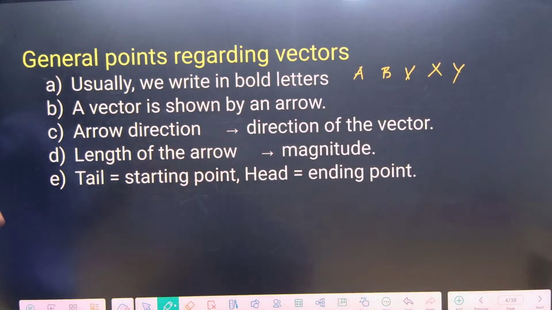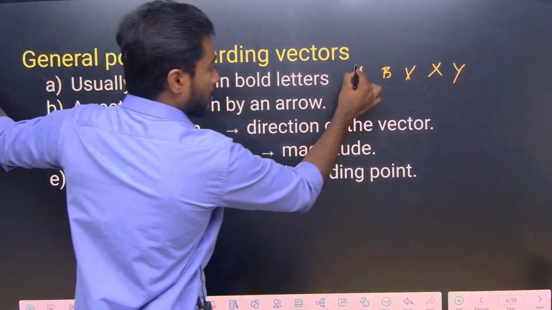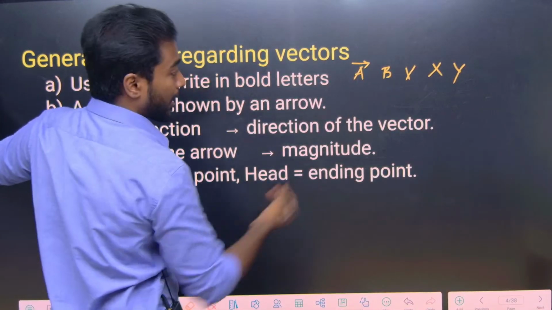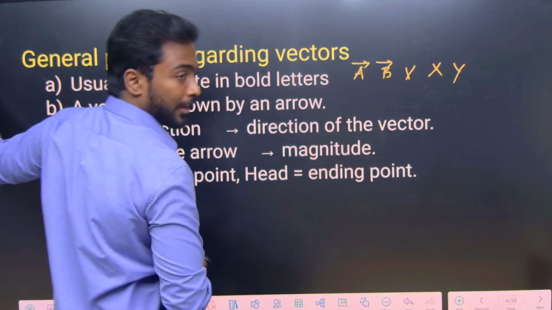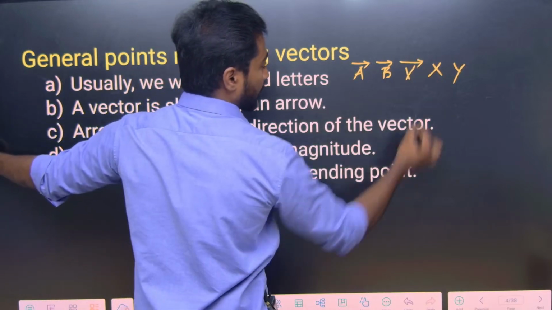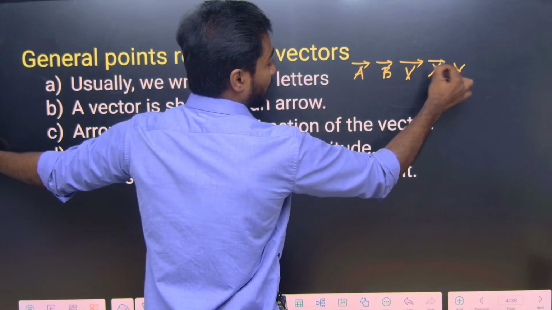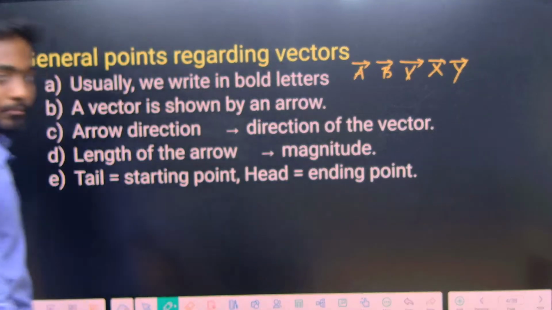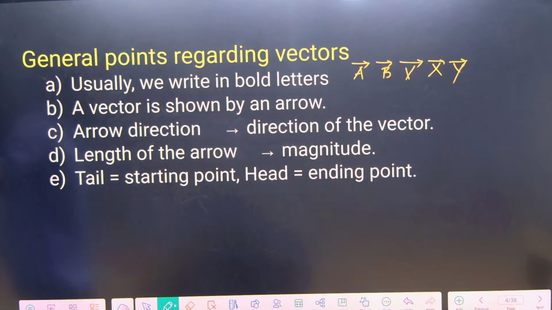Bold letters we will denote, and a vector is shown by an arrow mark. This is my vector: A vector, B vector, C vector, V vector, X vector, Y vector. Okay, this is how.